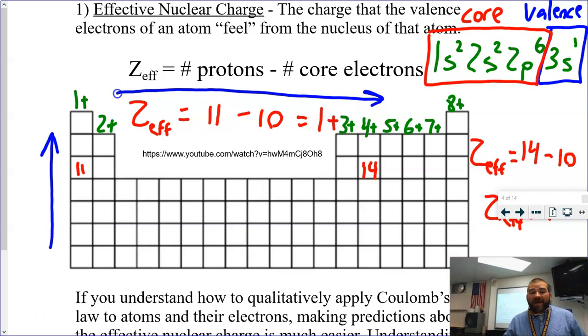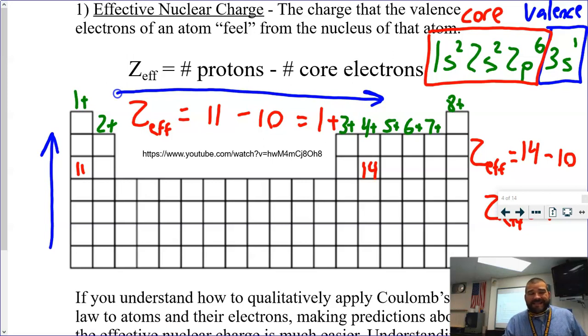The reason is that higher up on a column, these atoms are smaller. So the valence electron of lithium, element number 3, the top of that row, is much closer to lithium's nucleus. The effective nuclear charge is 1+, but that shorter distance makes that attractive force a little bit stronger.